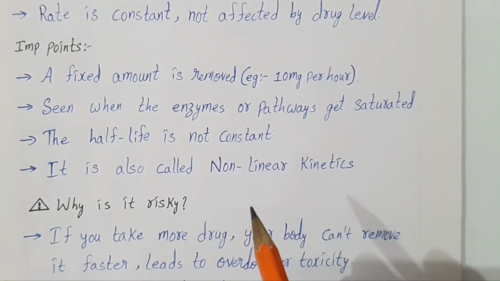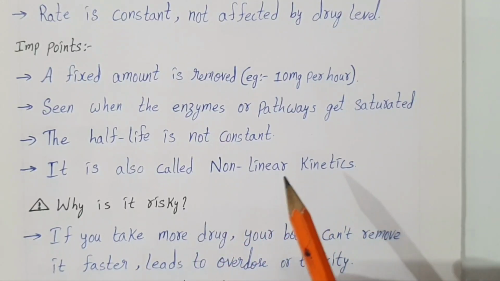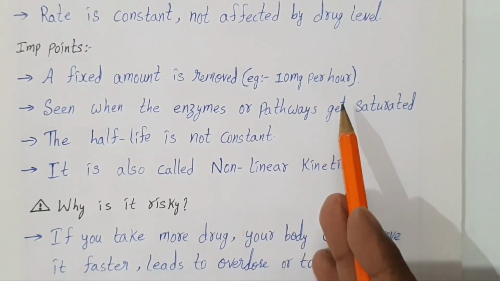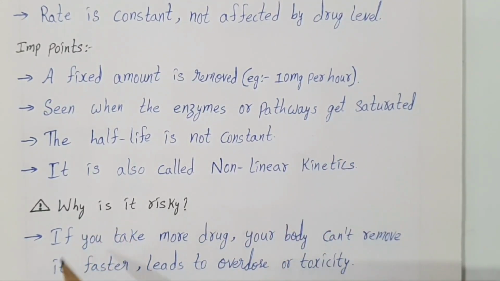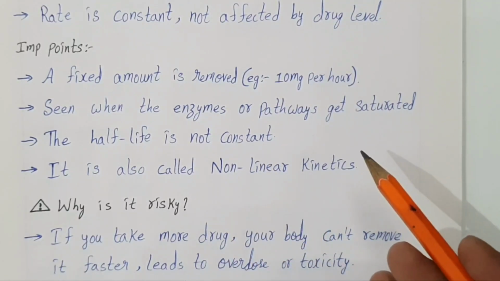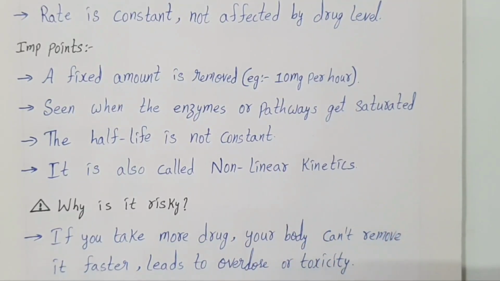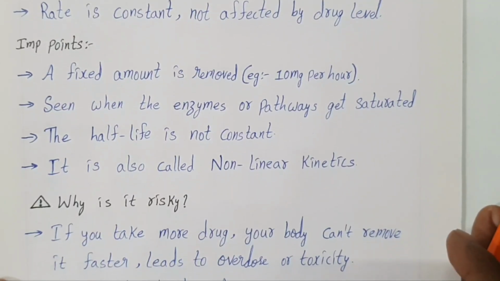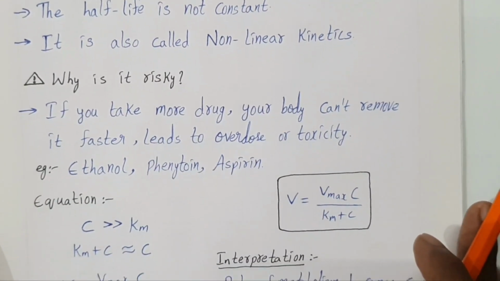So a fixed amount of drug is removed, for example 10 mg per hour. It is seen when the enzymes or pathways get saturated. The half-life is not constant. It is also called non-linear kinetics.